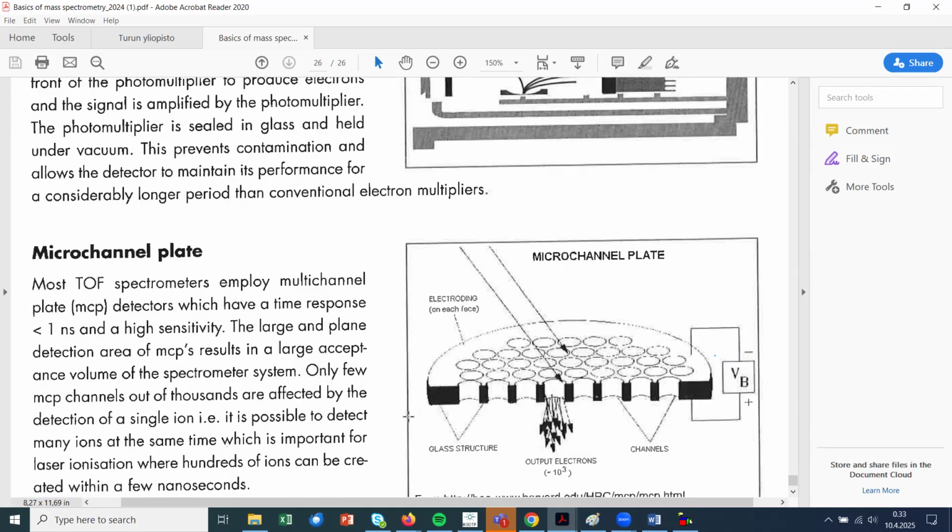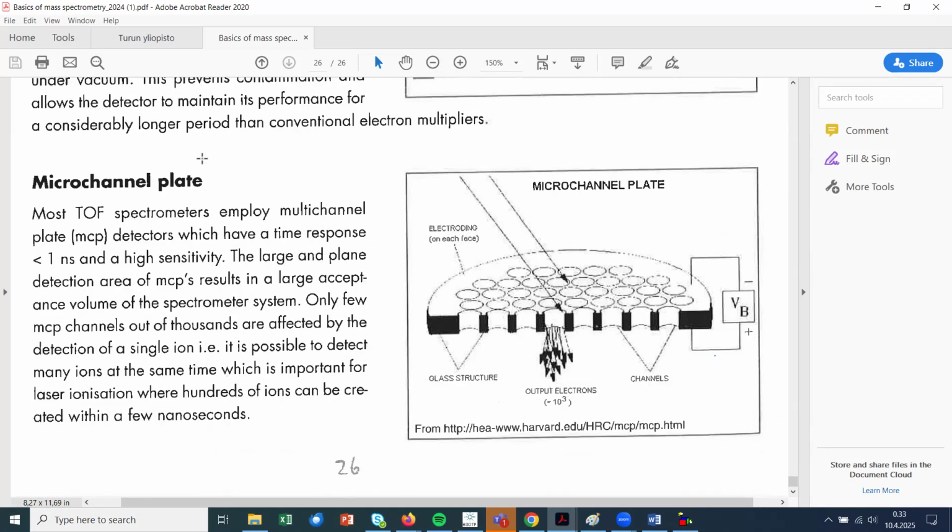In time of flight instruments, as you saw in the animation, microchannel plates or multi-channel plates are used. They have a high sensitivity and good time response, and they are large.